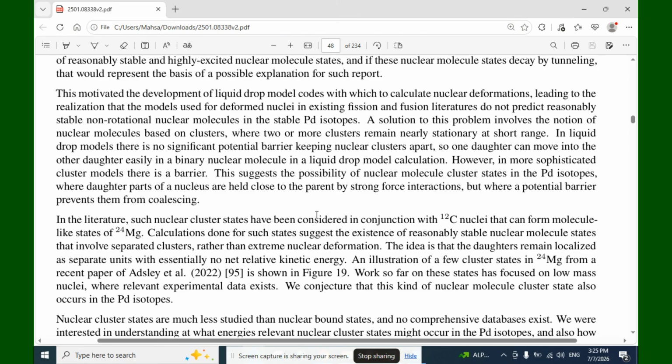However, in more sophisticated cluster models, there is a barrier. This suggests the possibility of nuclear molecule cluster states in palladium isotopes, where daughter parts of a nucleus are held close to their parents by strong force interactions, but where a potential barrier prevents them from coalescing.